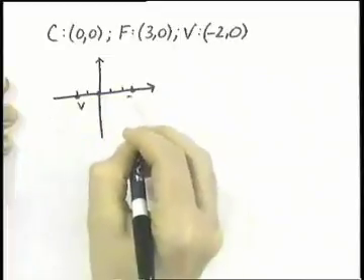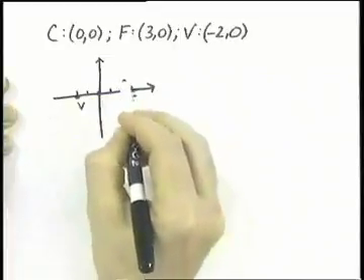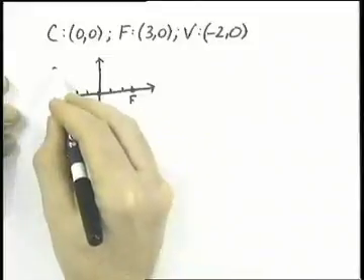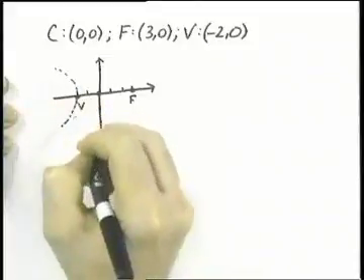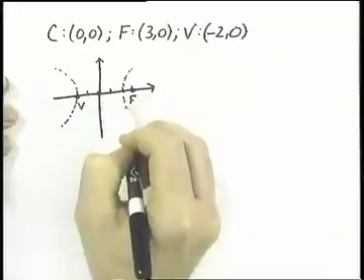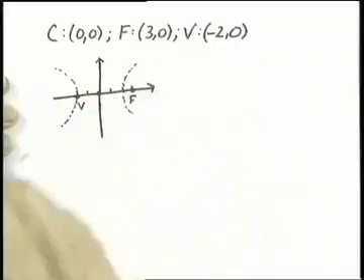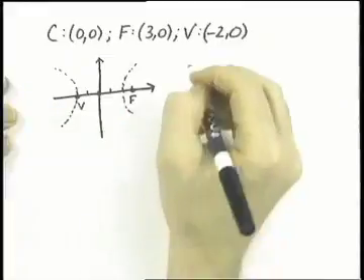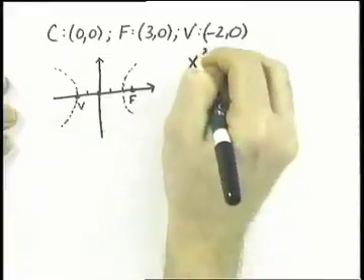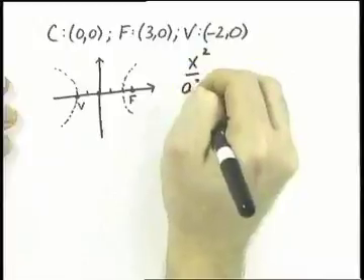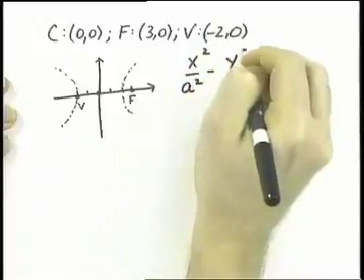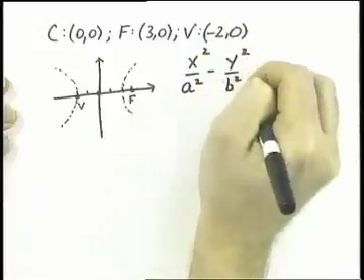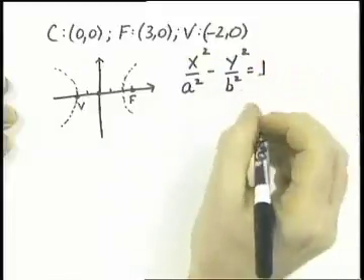We should see, based on this graph, that I'm going to have a hyperbola that opens to the left and opens to the right. Because of that, I know that the equation of the hyperbola is going to be x squared over a squared minus y squared over b squared equals 1.